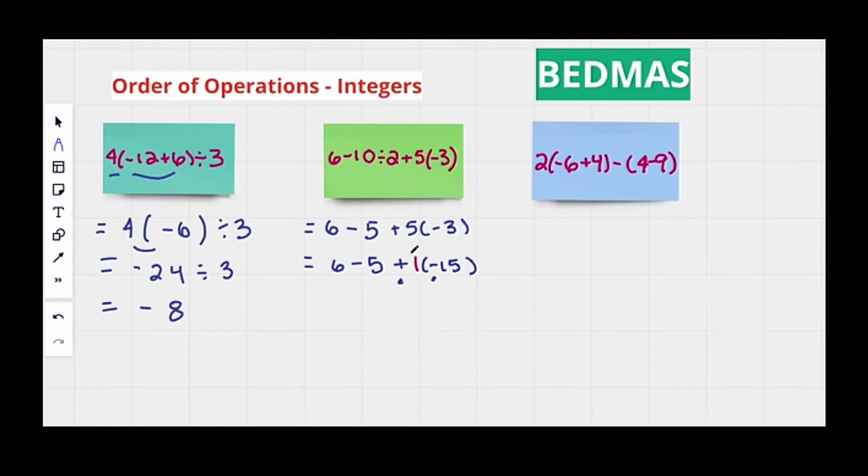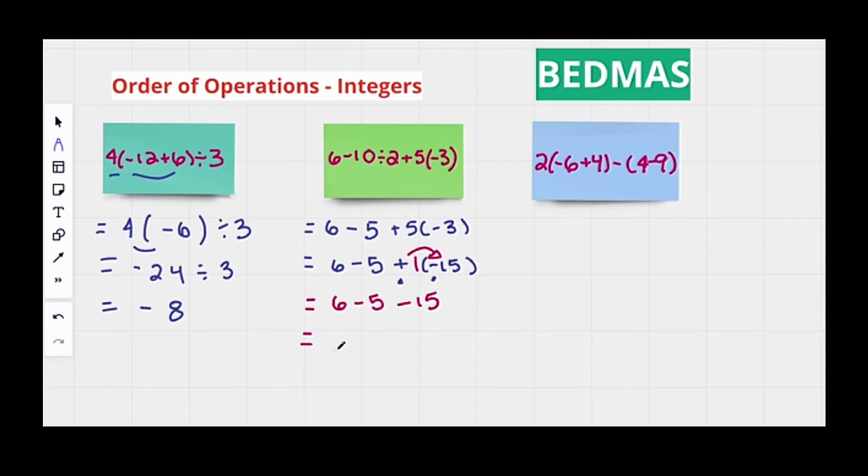And so what we're going to essentially do is multiply this imaginary 1 into the bracket where we have a negative 15. So if we do that, we would have 6 minus 5, and then this becomes negative 15, because positive 1 times negative 15 would be negative 15, and this is how we already got rid of the bracket.